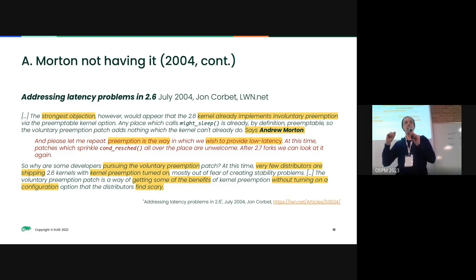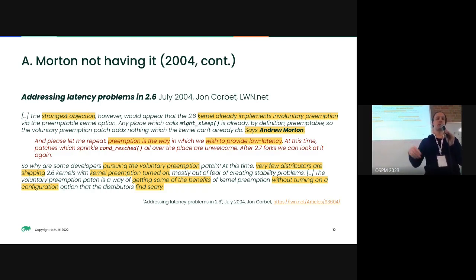The voluntary preemption patch is a way of getting some of the benefits of preemption without turning on a configuration option that distributors find scary. So this is how Jonathan took Ingo's intentions. Okay, I know what Ingo is trying to do. He's trying to get preemption for the masses, because distributors don't want to enable preemption, and Ingo is going to find a better preemption. But that's not what Ingo said.